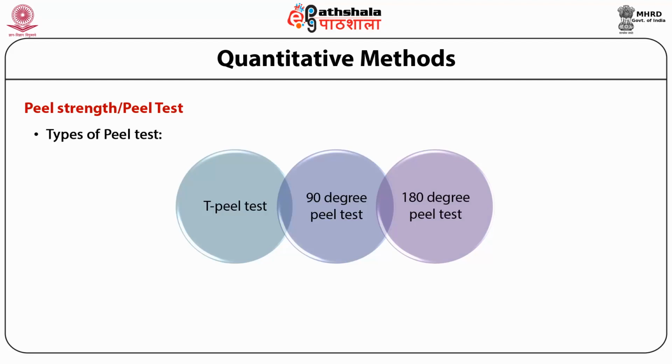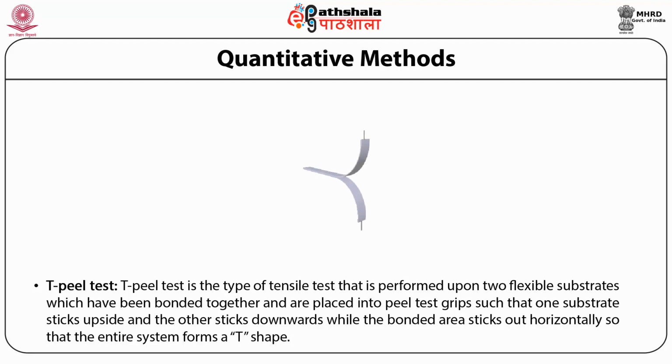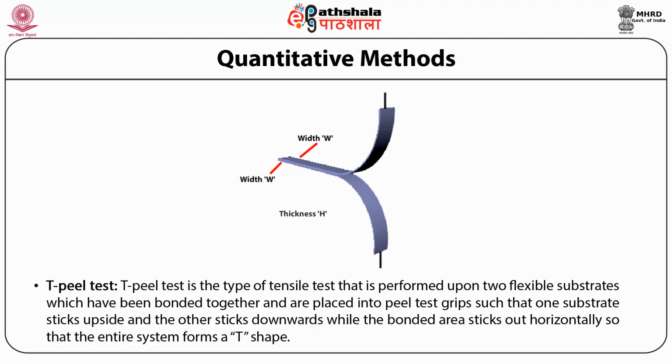Amongst them, the T-peel test is a type of tensile test that is performed upon two flexible substrates which have been bonded together and are placed into peel test grips such that one substrate sticks upwards and the other sticks downwards, while the bonded area sticks out horizontally, so the entire system forms a T shape.